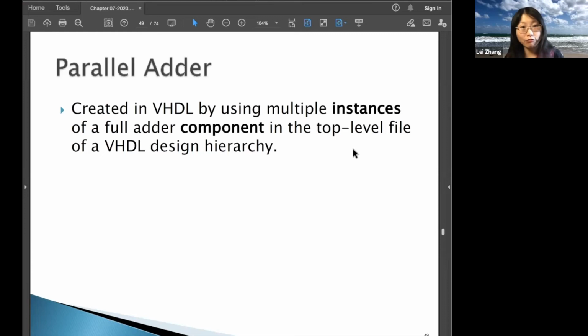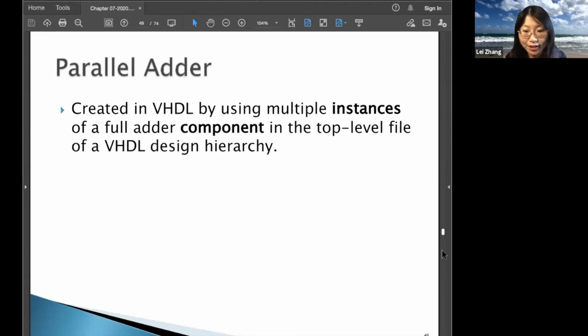And at the top level VHDL file, we can call these components that we defined previously in the component VHDL file. We call this hierarchical design. It will make the design very clear, and it will simplify a complex design. So let's say if you have a 32-bit adder, you want a parallel adder, you can define one full adder and just use this full adder component 32 times.